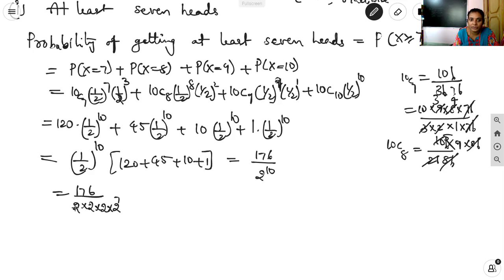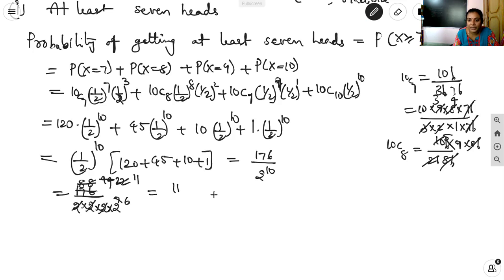2 8s are 16, 2 ones are 2, 2 44s are 88, 2 22s are 44, and one more 2, 2 11s are 22.